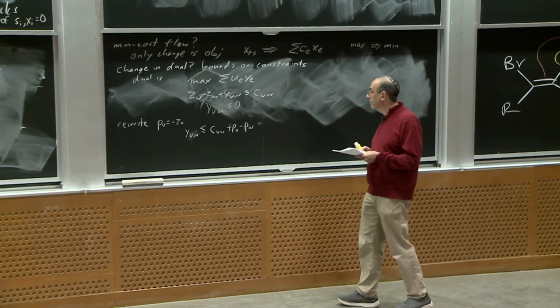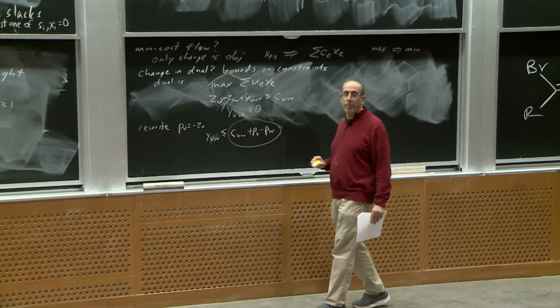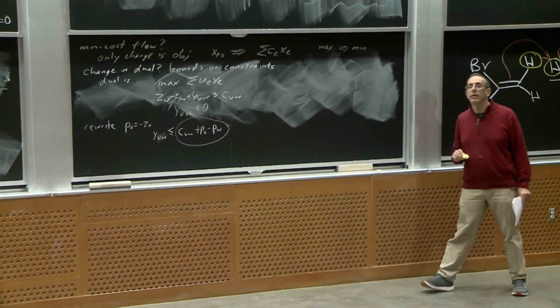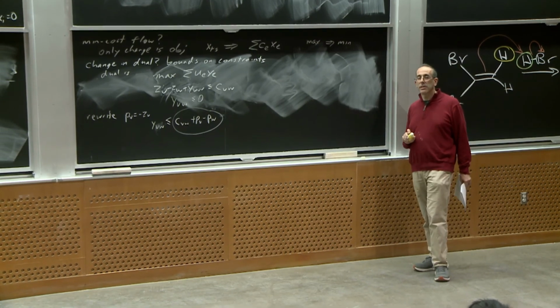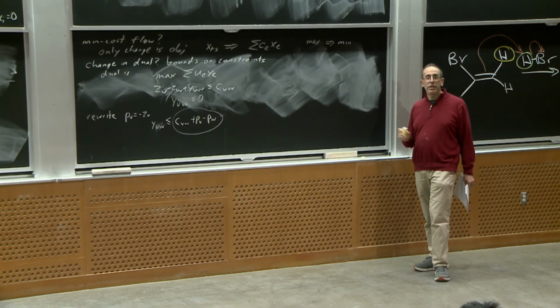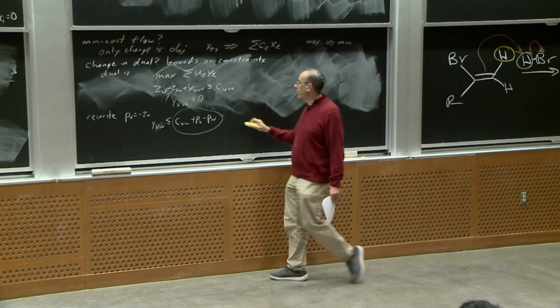Okay? Now, what's this quantity? Thinking back to our min-cost flow analysis. Right, this showed up when we were solving min-cost flow. Yeah? The reduced cost. This is the reduced costs.